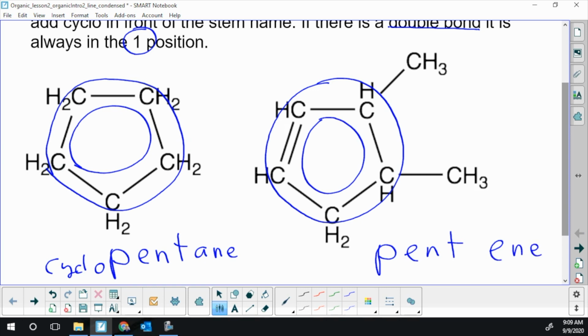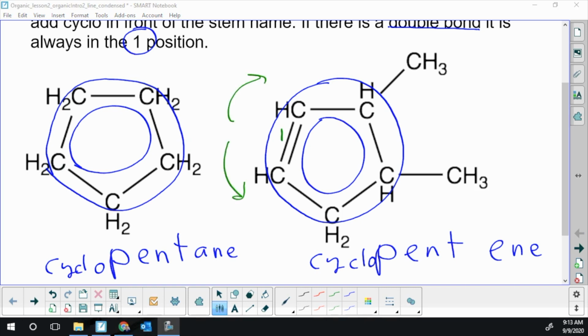Okay, it's a ring. So it's a cyclopentene. Now, the number here has to be a 1, but I don't need it because by definition, this has to be my first bond. Okay? We have to classify that the 1 position.